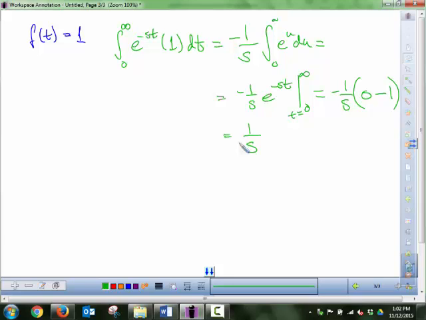Now, there's a special notation for this, and I've already kind of alluded to that with the capital letters.